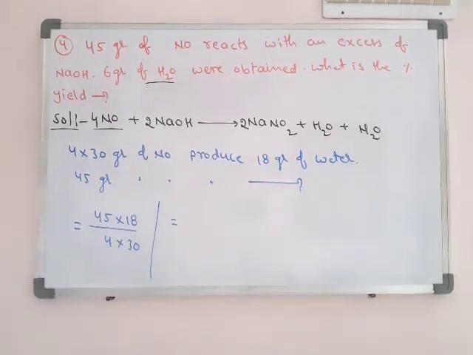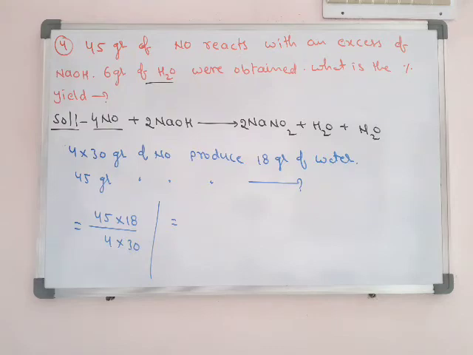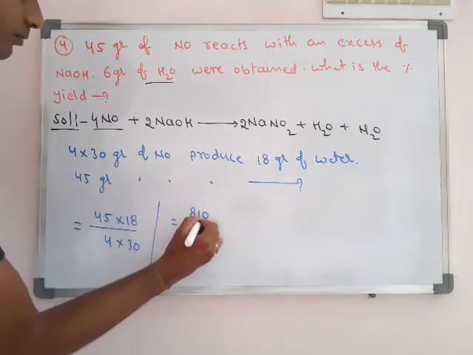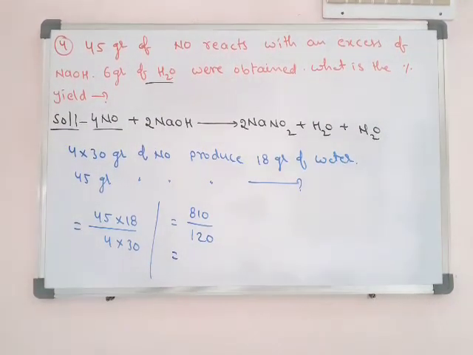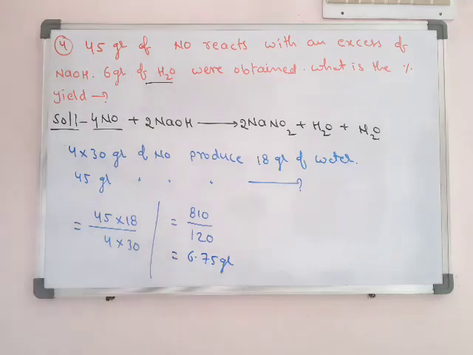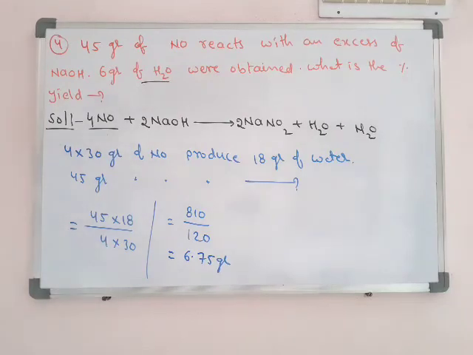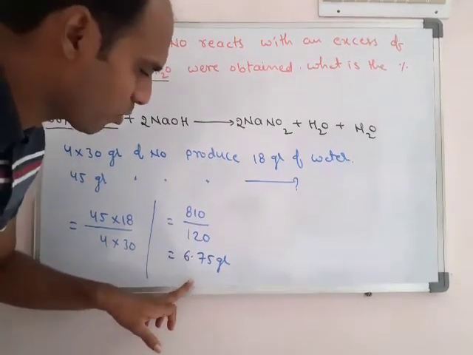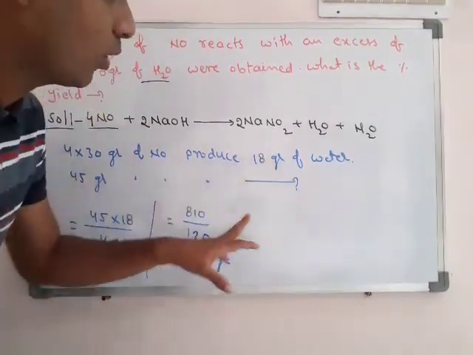So on this calculation we will get 6.75 grams of water produced.